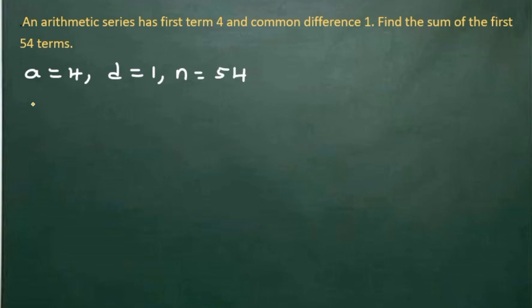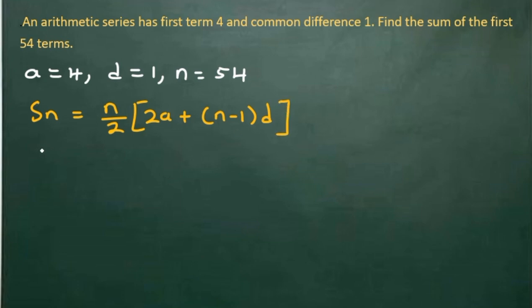Okay, so we know this is Sn equals n divided by 2, open bracket, 2a plus n minus 1 times d. So now we are looking at the first 54 terms.